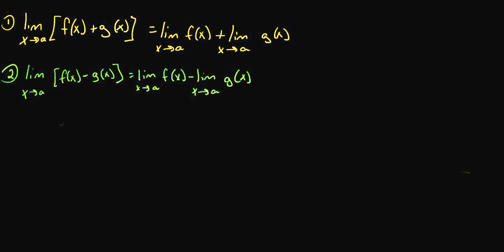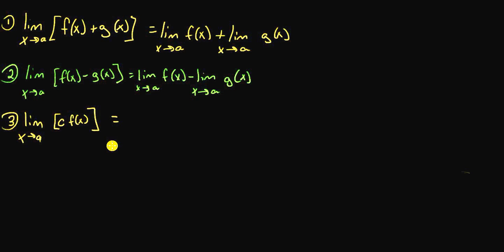Let's go to number 3. We take the limit as x approaches some number a of a function, but if we take that function and multiply it by a constant c, take a guess of what that becomes.